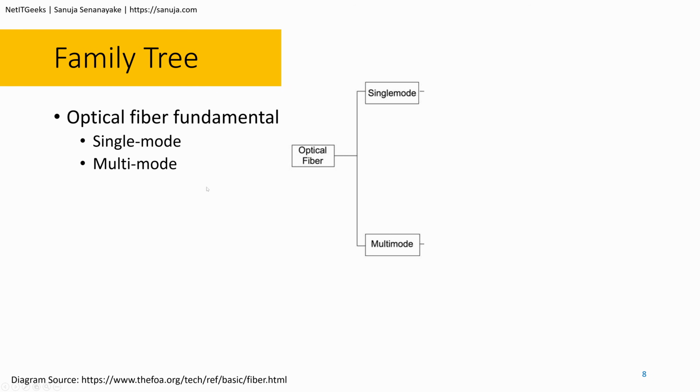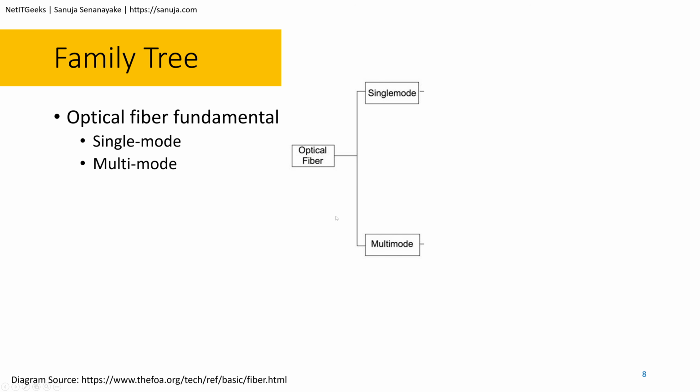In the previous slide I introduced the single mode and multi-mode fibers. As a structured cabling person, you have the choice of selecting single mode fiber or multi-mode fiber. How do you pick one or the other and recommend it? I will go through them briefly in the next few slides.